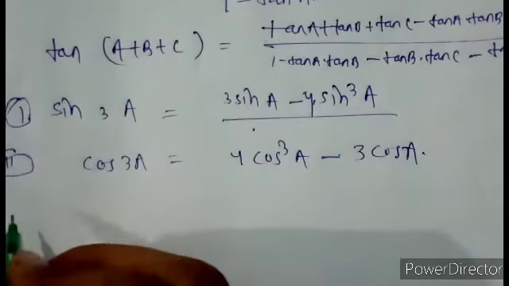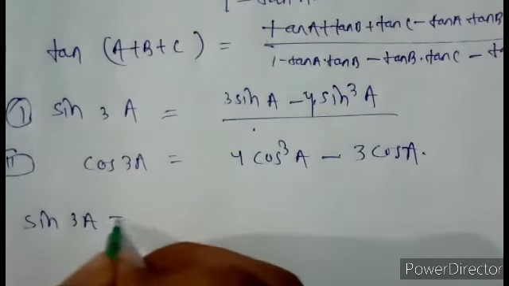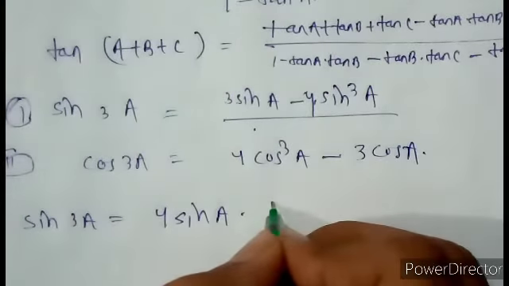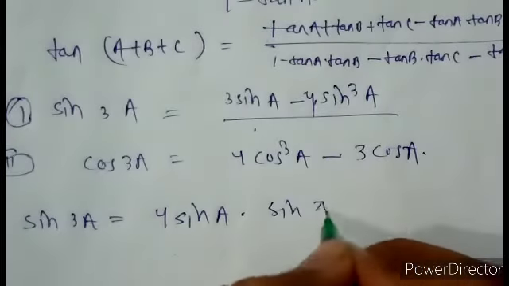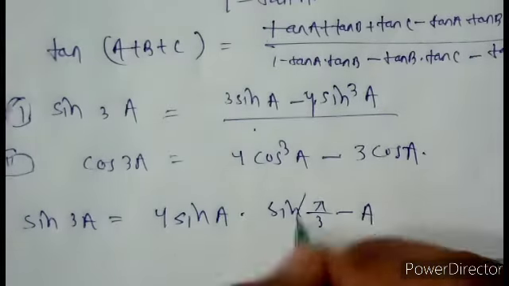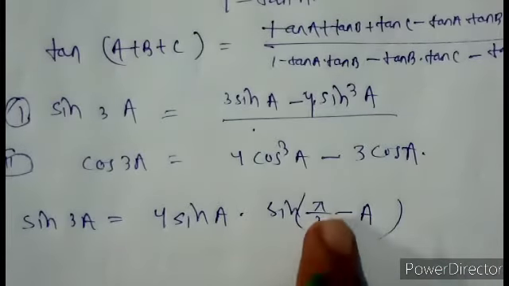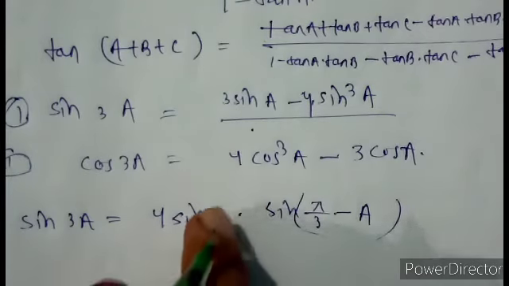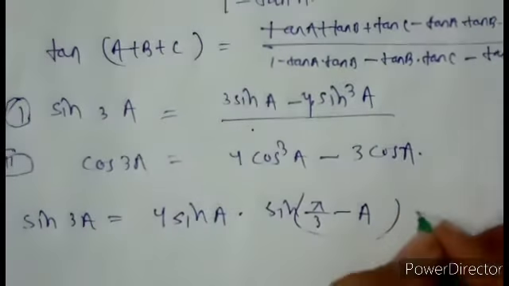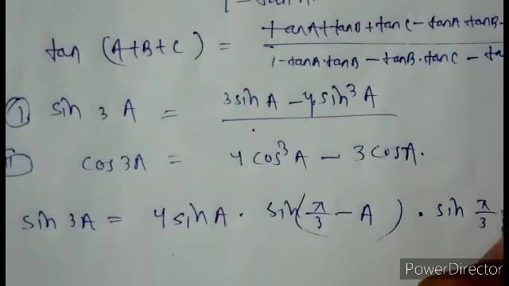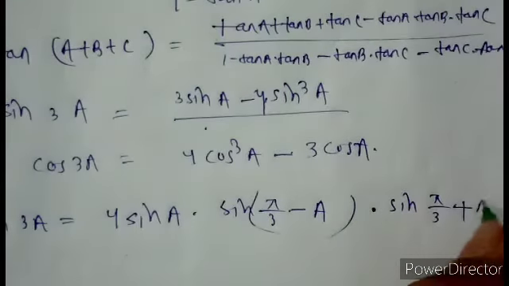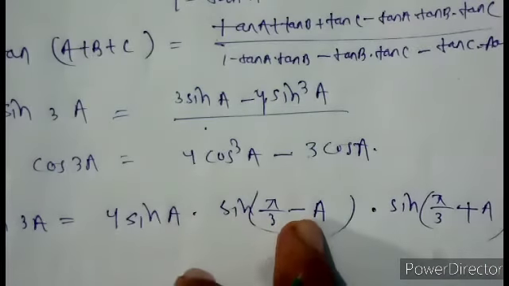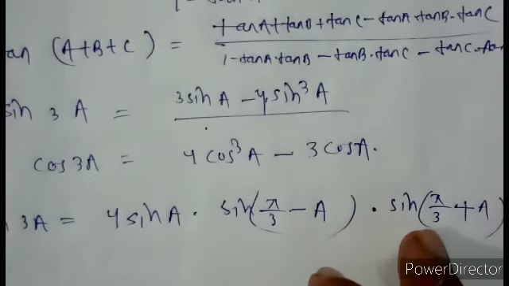Or we can also write sin 3A is equal to 4 sin A multiplied with sin(π/3 minus A) multiplied with sin(π/3 plus A), that is sin(60° minus A) multiplied with sin(60° plus A).